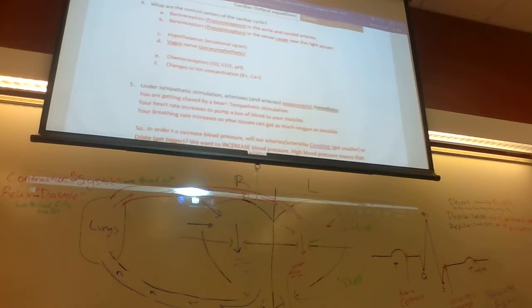You then have chemoreceptors for oxygen, carbon dioxide, and pH values. When we get to the urinary system, we're going to go over pH values, base and acidic, and compensation.